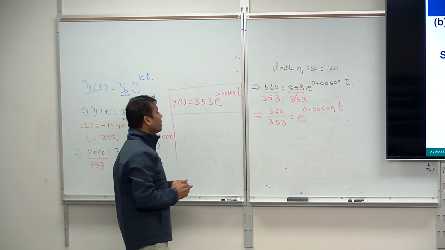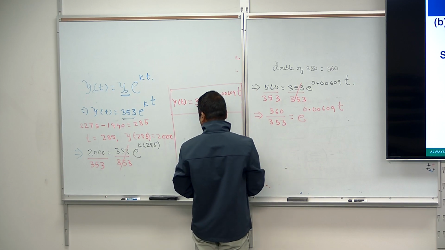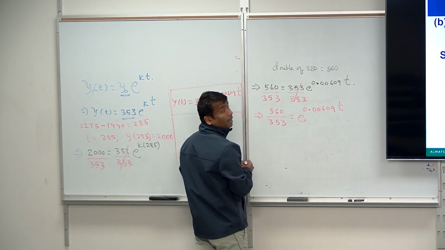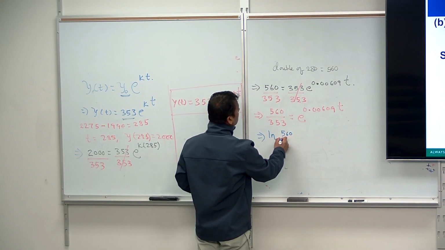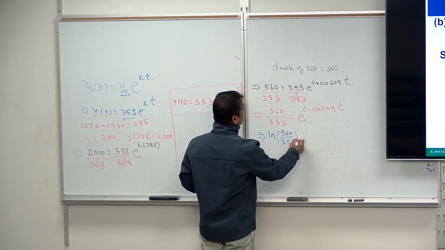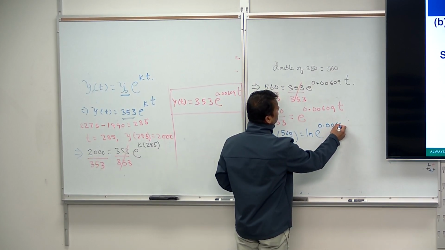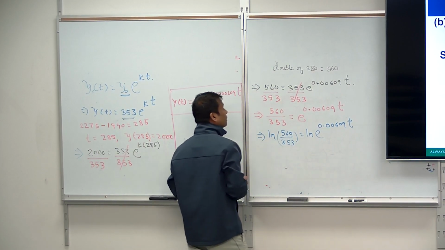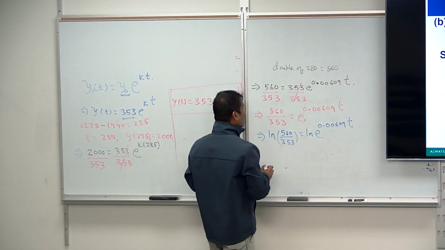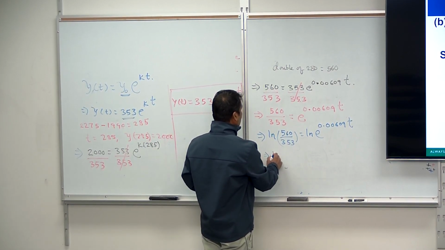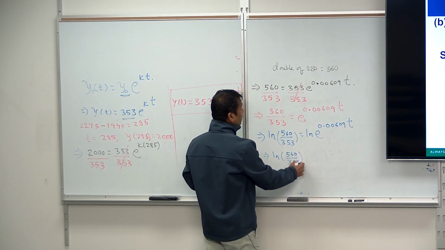And again, take ln on both sides, okay? Then what do you have? ln 560 over 353 equals ln e to the power 0.00609t. Right?